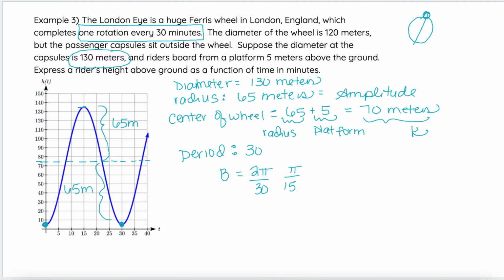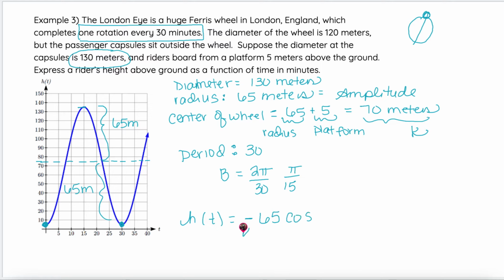Thinking about where we're starting, this is the pattern of cosine, except it's going up first instead of down first like cosine typically would. So we're going to reflect cosine just like we did sine in the last example. So the height with respect to time is equal to negative 65 cosine.